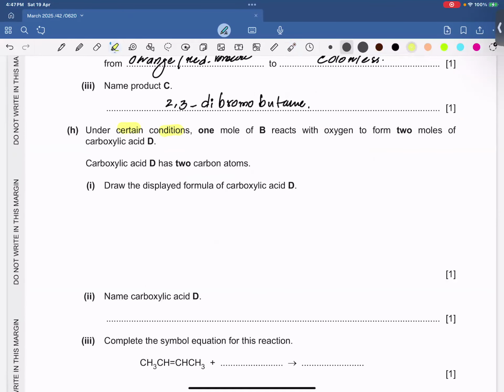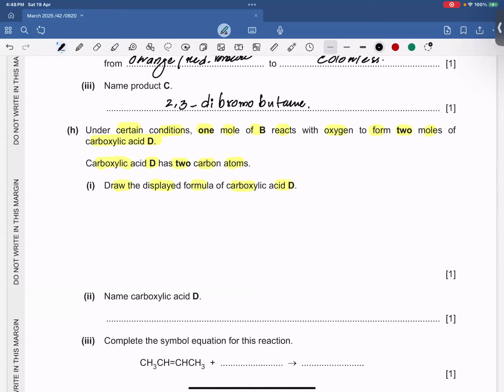Under certain conditions, 1 mole of B reacts with oxygen to form 2 moles of carboxylic acid. Carboxylic acid D has 2 carbon atoms. Draw the displayed formula of carboxylic acid D. 1 mole of B reacts with oxygen and gives 2 moles of carboxylic acid. Oh my goodness.